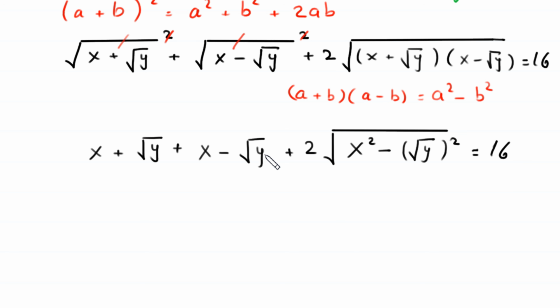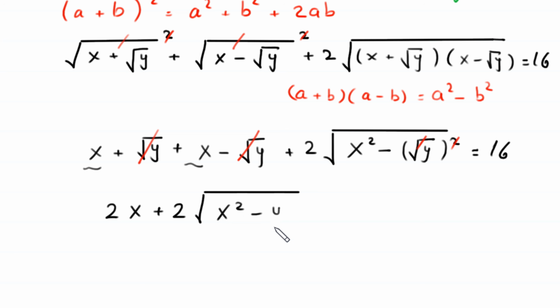Now this negative root y will be cancelled out with this positive root y, and this square will be cancelled out with this square root, and the equation will become this x plus this x will become 2 times x plus 2 times the square root of x squared minus y equal to 16.